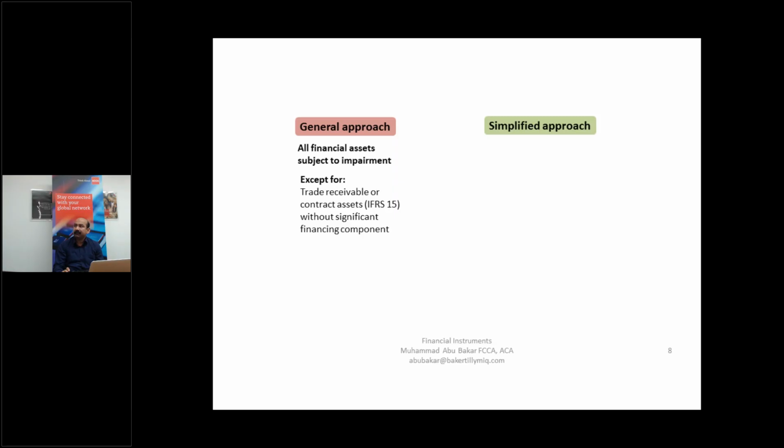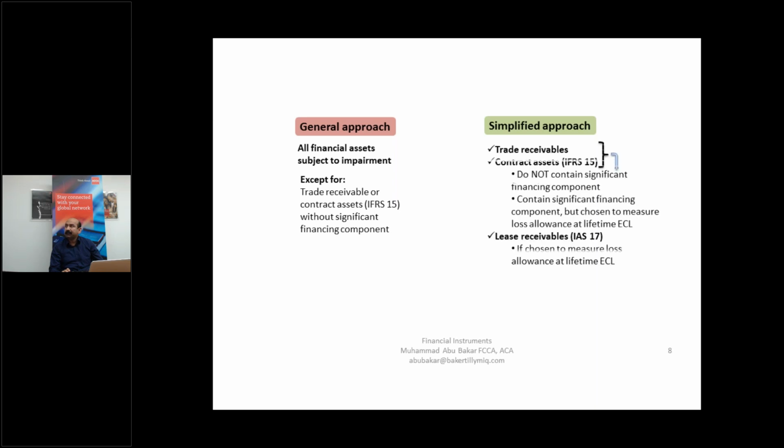This slide is very important from a practical point of view. This general approach will be applicable to these assets, except trade receivable or contract assets under IFRS 15 without significant financing component. Except these, you will be applying general approach for all financial assets.